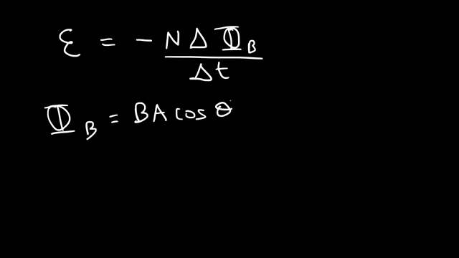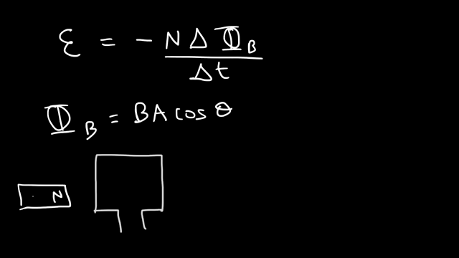So there's three ways in which you can induce an EMF. In order to acquire a change in flux, you can either change the magnetic field, you could change the area of the coil, or you could change the angle of the magnetic field with respect to the normal line of the coil. So for example, let's say if we have a square coil of wire and we want to take a magnet and we're going to move this magnet into this coil.